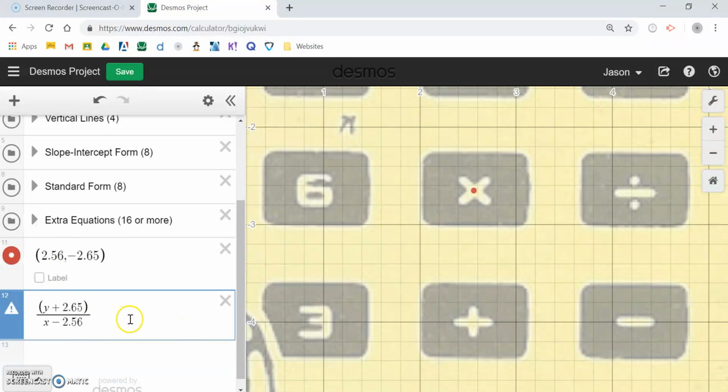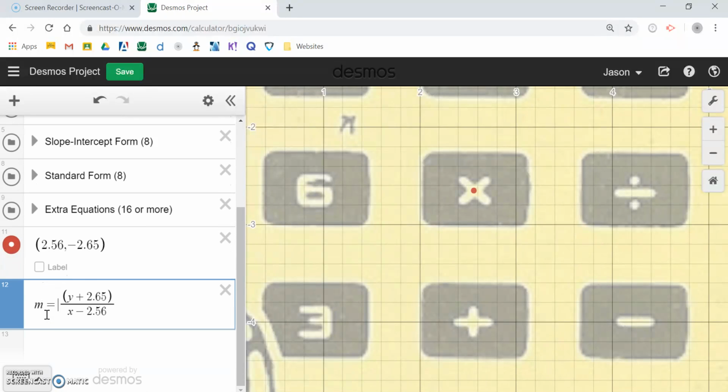And this isn't doing anything yet because, like it says, it doesn't know what to do with this as far as graphing. And I know that this is going to be equal to my m. Again, this isn't really doing anything yet. And then next, I'm going to put some parentheses around this, and I'm going to multiply both sides of the equation by the denominator.